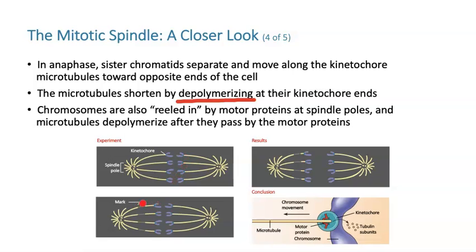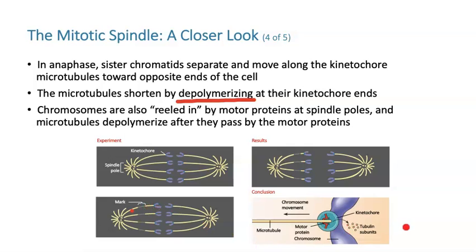So what some clever scientists did was they marked the spindle fibers, and then they watched to see what happened. Did the mark move closer to the aster, or did the chromosomes move closer to the mark? And what we see is that the chromosomes move closer to the mark, which means that we're eating away at the spindle fibers on this side. It's like slowly getting eaten away.